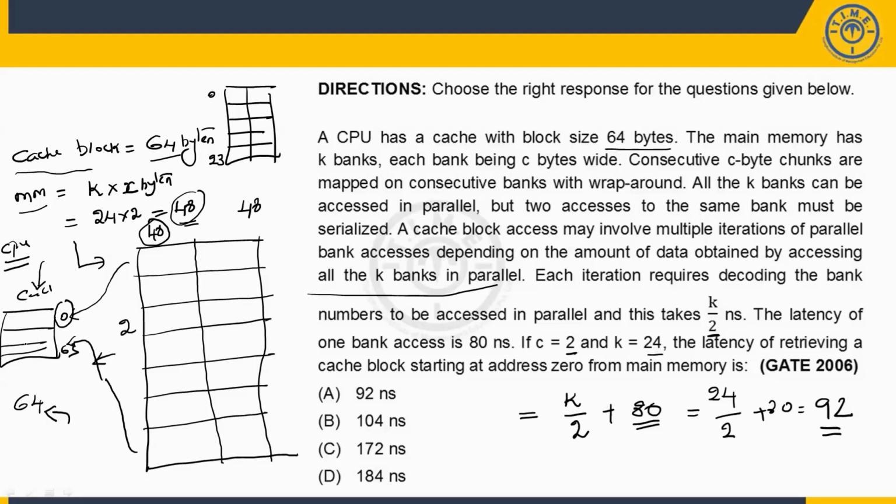For the remaining 16 words, we need to access main memory one more time, twice, right? So 92 into 2, which is equal to 184, is the total access time required to make a transfer from main memory to the cache memory. 184 is the correct option. Option D is the correct option.